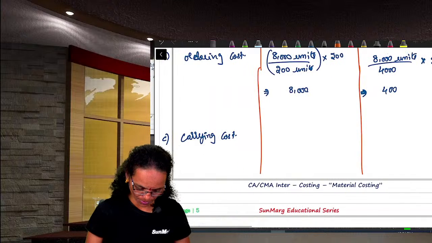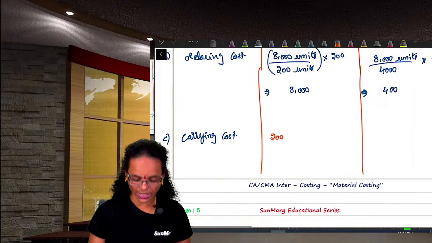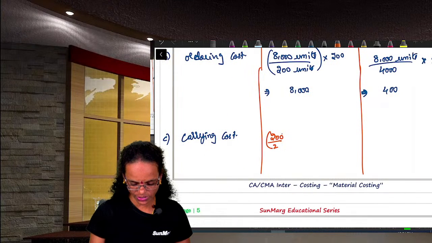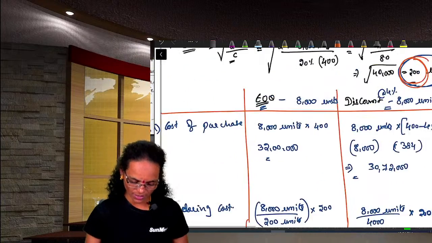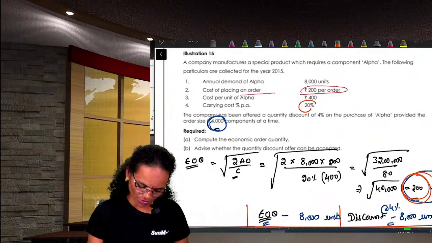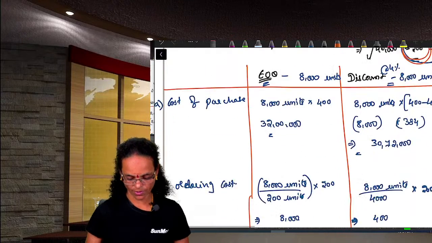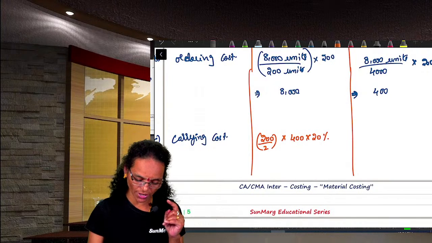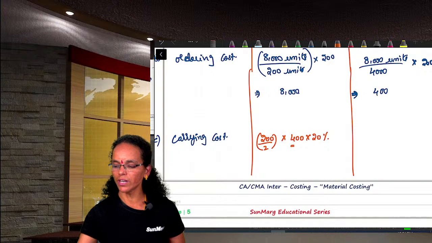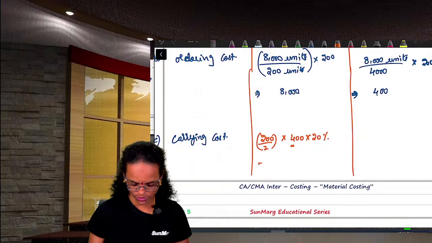So 200 units we are carrying, that is an average. Carrying cost is 20% on the purchase cost, that is 400 into 20%. At EOQ we are purchasing at 400 only. So 200 divided by 2 into 400 into 20% is nothing but 8,000 rupees.